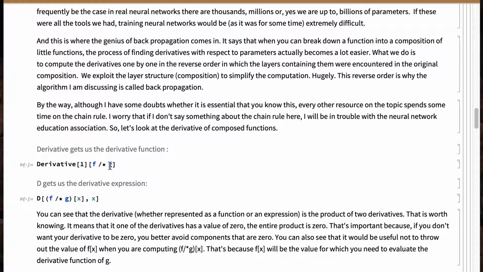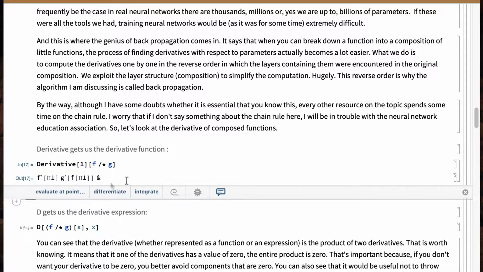Here's my composed function, f and then g. And we'll take the first derivative of it with respect to its only argument, and we get a product. It involves two derivatives. We take the derivative of the first function and apply it to the original input, and then we multiply that by taking the derivative of the second function and applying it to the output from the first function. Okay?